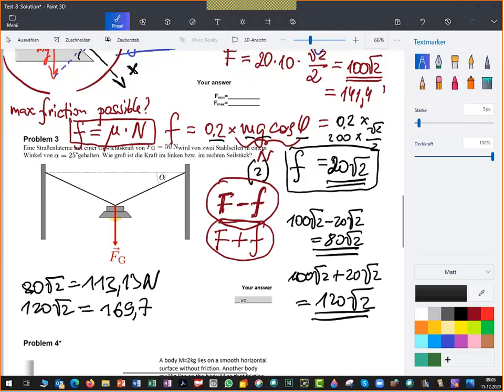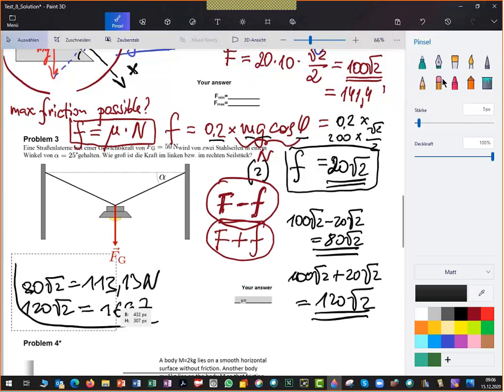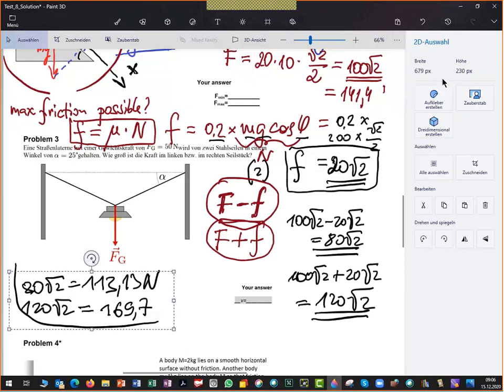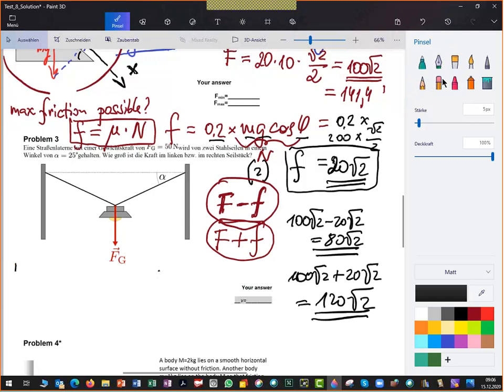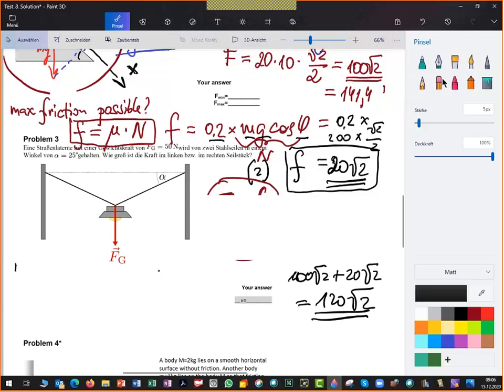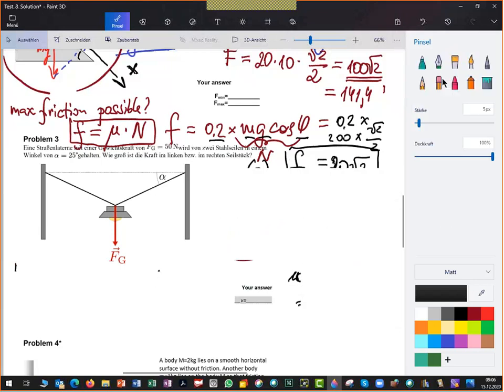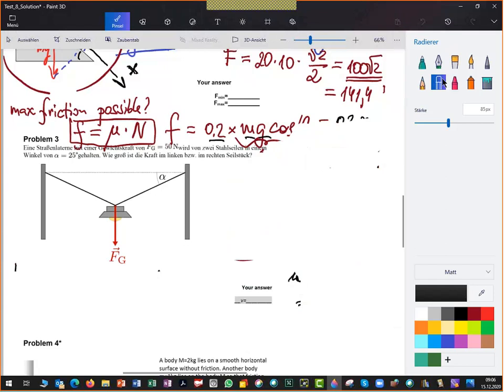But let me now erase and make some space here. Okay.